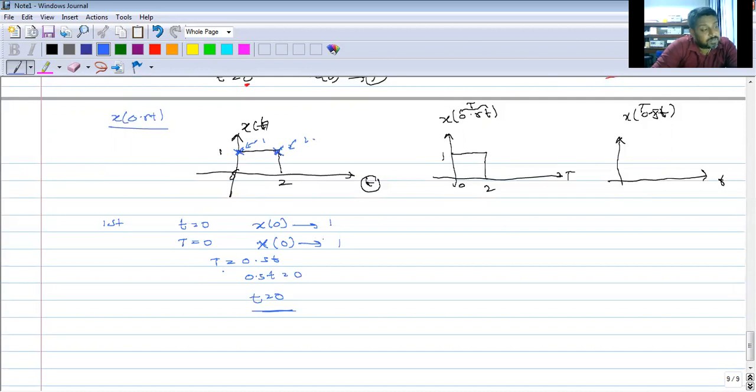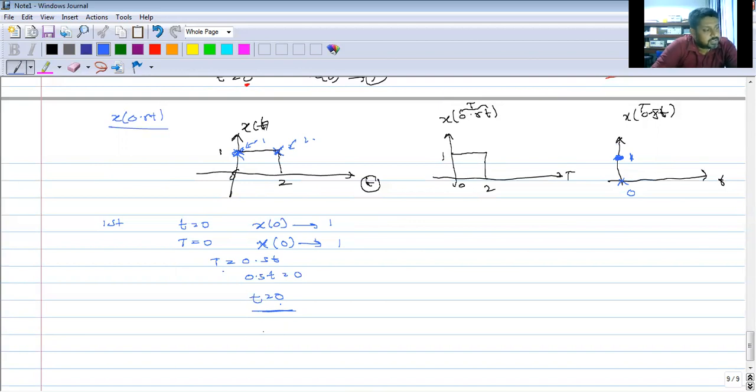Okay, so that is the point. So t is equal to 0, x(T) will be 1. So this point is not moving anywhere, it is there, like this.